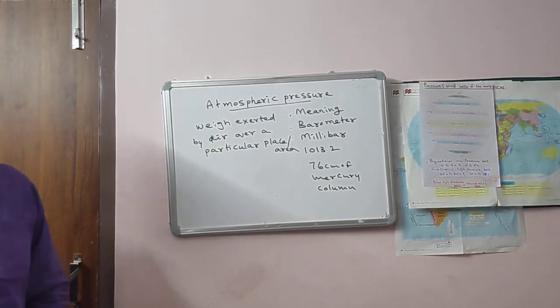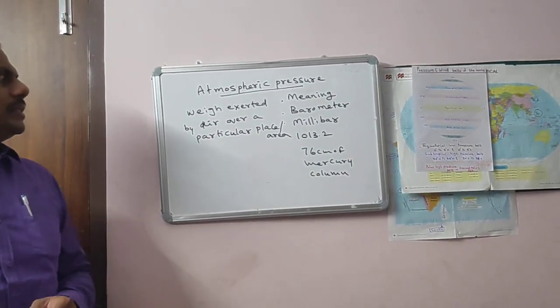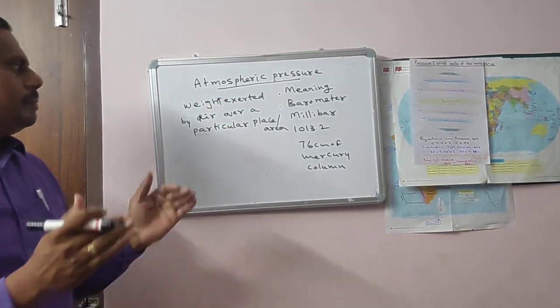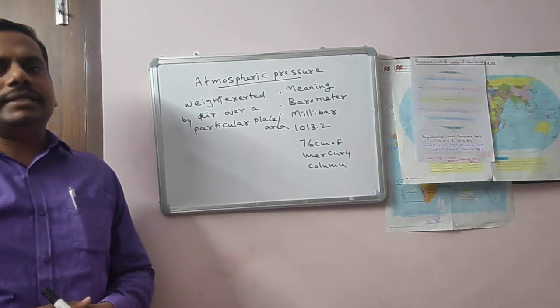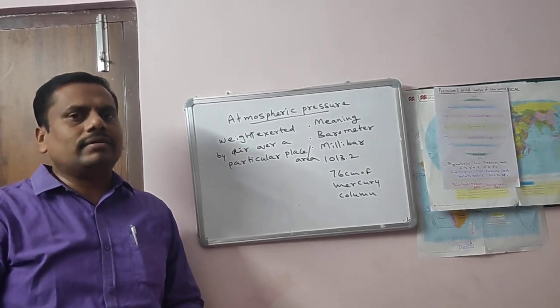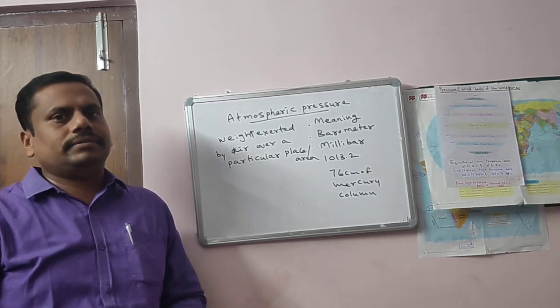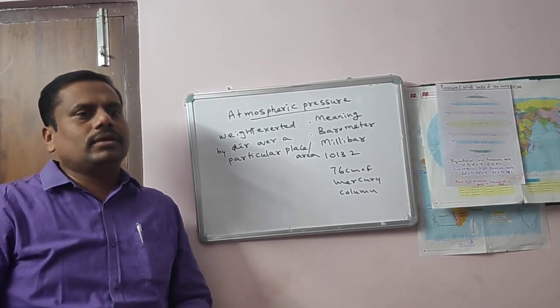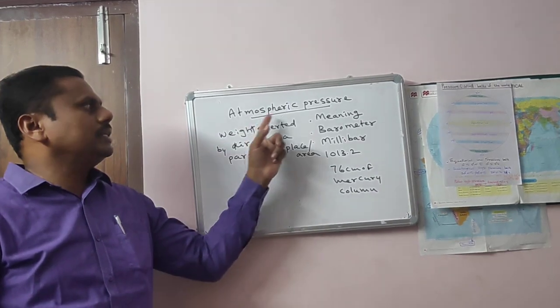Try to understand what atmospheric pressure means. The weight exerted by air over a particular place is called atmospheric pressure. Generally, in the previous classes you might have heard that air has weight. So air exerts weight, air exerts pressure. That is called atmospheric pressure.